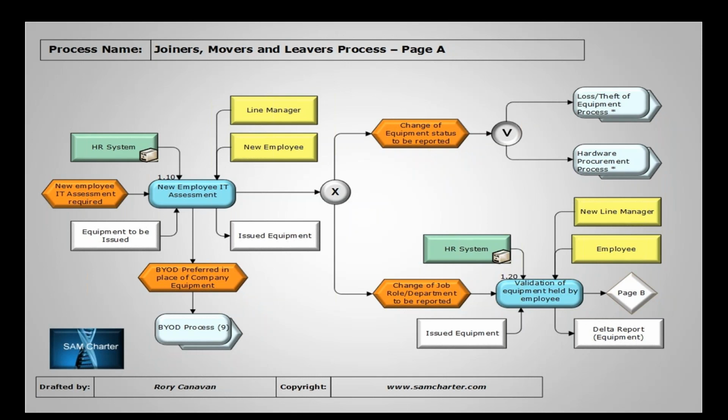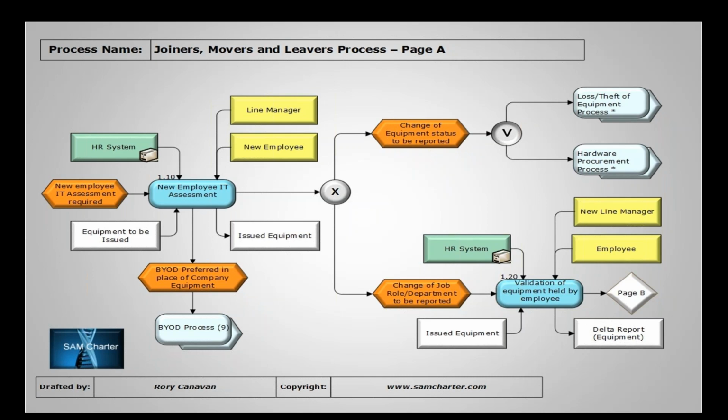Potentially, and this is up in the top right-hand corner, they might have their equipment lost or stolen. So this is where we need to have connections through to the lost or stolen process and ensure that we understand what was stolen so we can do a risk assessment about the information that was on that equipment. If somebody's been using a laptop or a desktop for maybe 5 years, it's getting old, it's not working so well, it's no longer compatible with newer software, we might want to upgrade it.